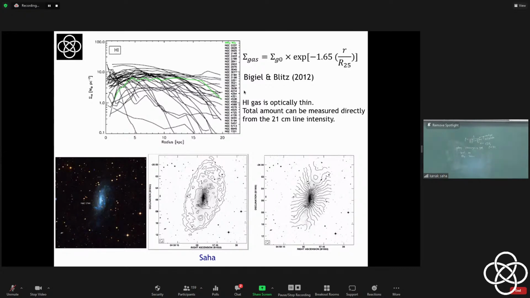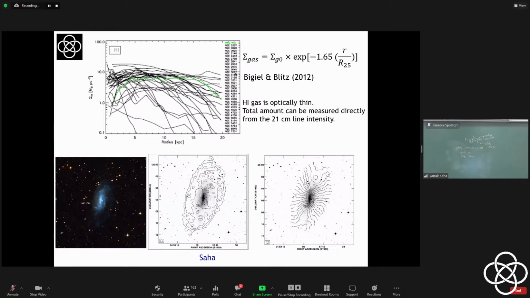And the profile looks really wild here, right? Astronomers try to fit the profile, and the green is the Milky Way profile. Okay? Green is the Milky Way profile, and where does this come from?